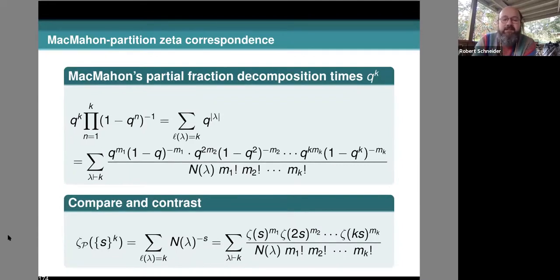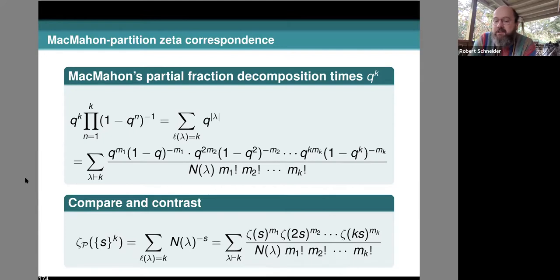Look at it. See here, sum over partitions of length k, zeta sum over partitions of length k. See, the geometric looking series and the zeta function looking series correspond. And on this side, we have this Faà di Bruno's formula looking business. Okay, there's a correspondence in the terms.